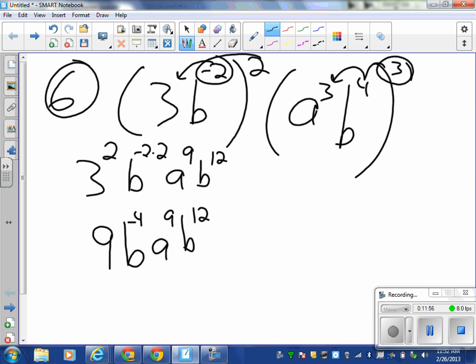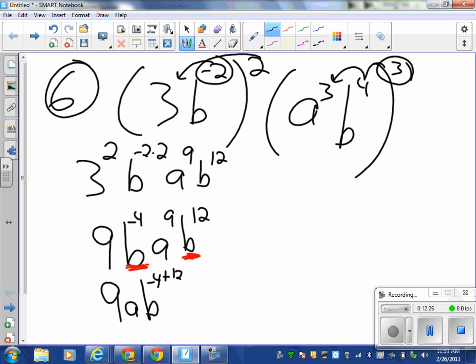The next thing I got to do is look at my terms. Okay, so I have to line up my like terms. So when I do that, it becomes 9. I'm going to put the a first. And then I'm going to take b, negative 4 plus negative 12.